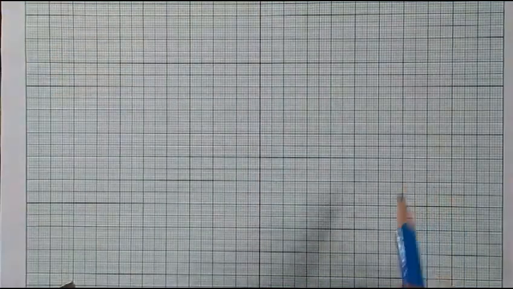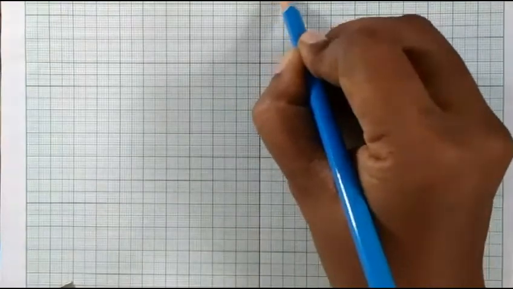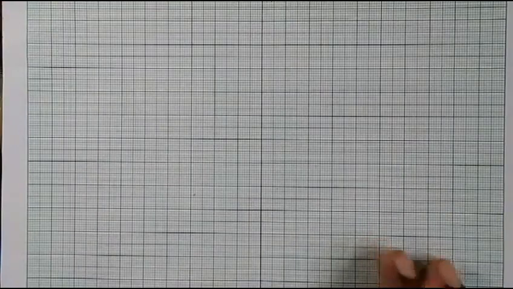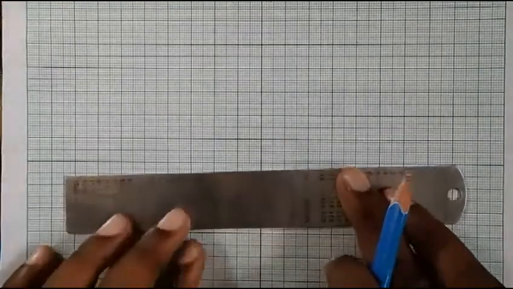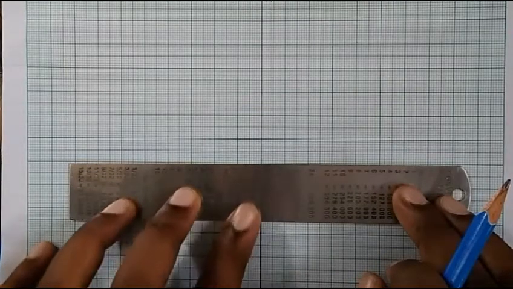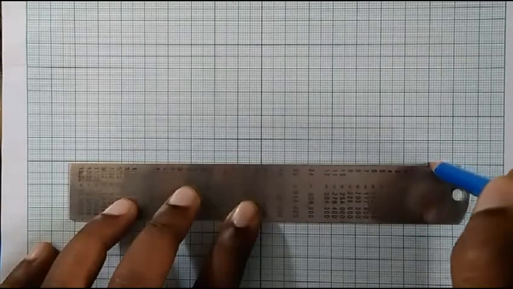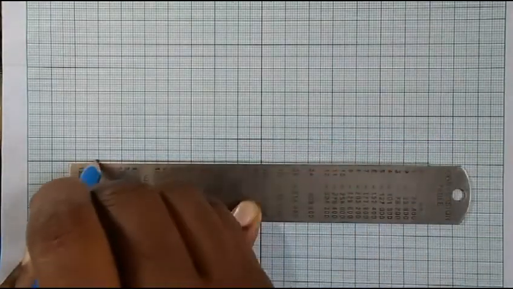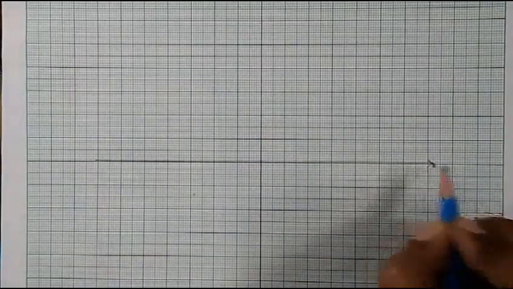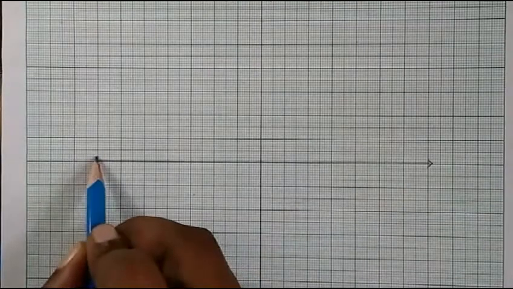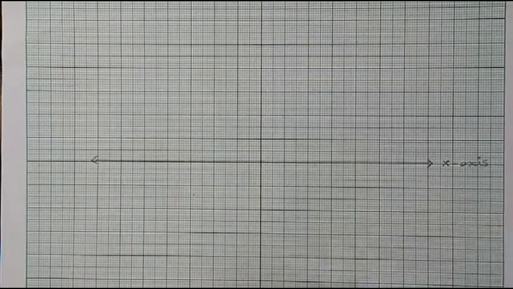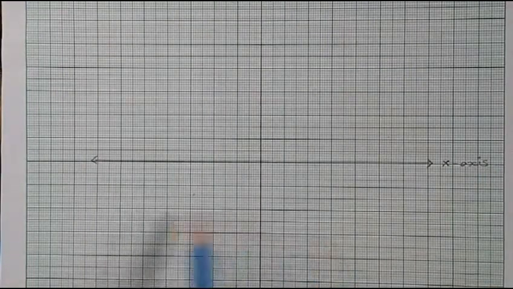Okay, so this is our y-axis, and then the x-axis. So this is our x-axis. You can draw up to here also. So we have the y-axis and x-axis.